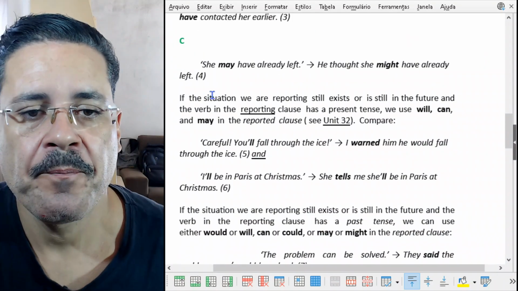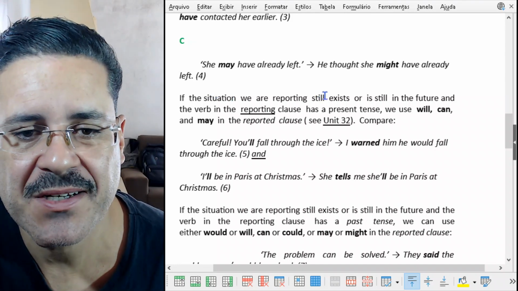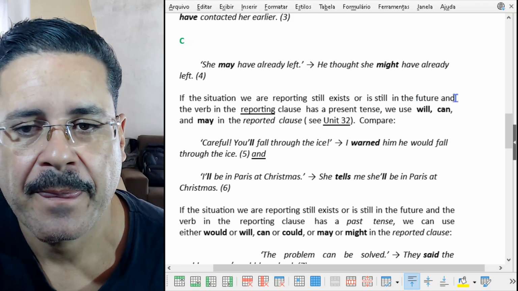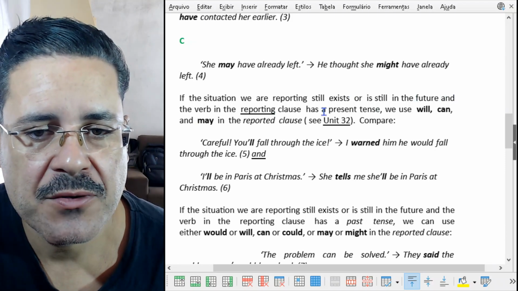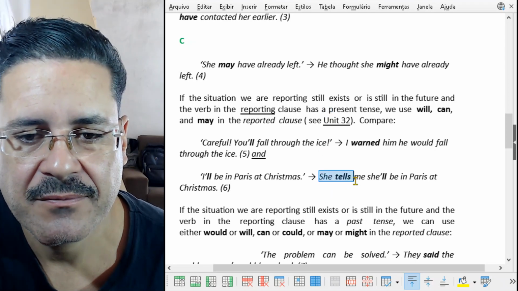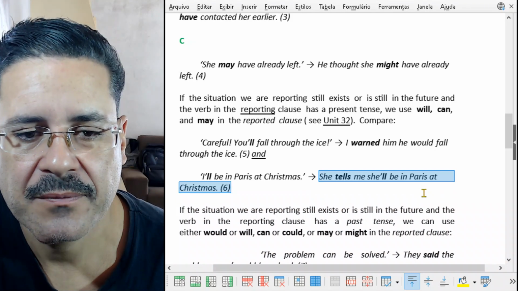For example, if the situation we are reporting still exists or is still in the future, and the verb in the reporting clause has a present tense, like here, pay attention.